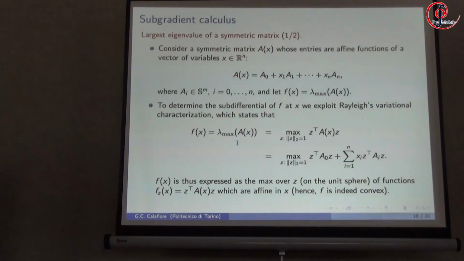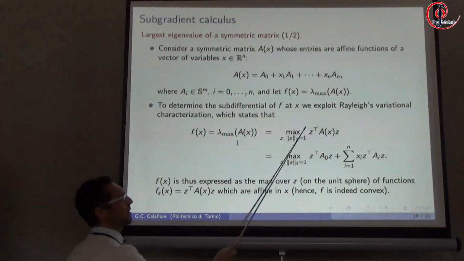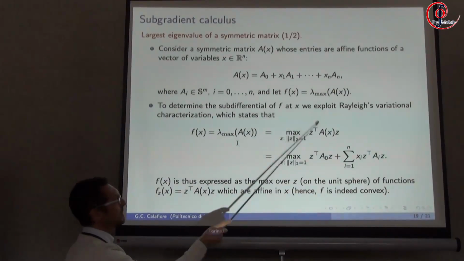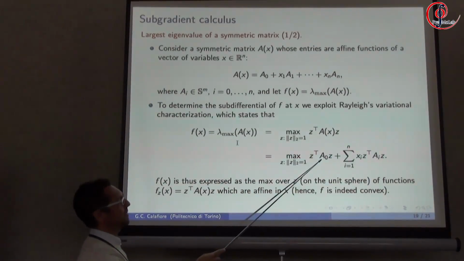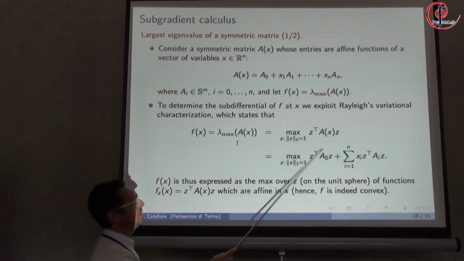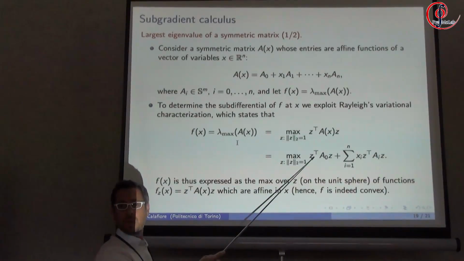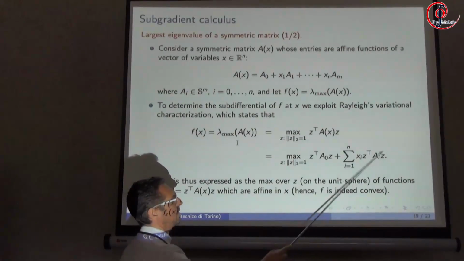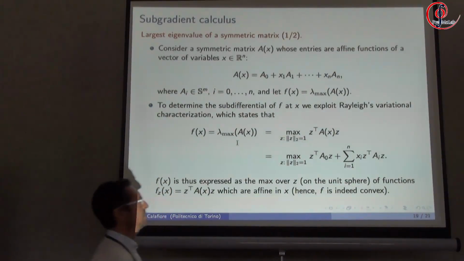Okay, so due to this fact, we conclude two things. The first thing is, let's just rewrite this product using the definition of A(x). If we rewrite it, we have z transpose A0 z, which does not depend on x, and then we have the sum of this kind of functions.